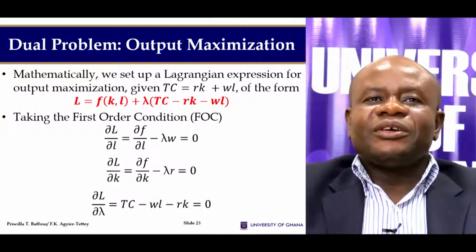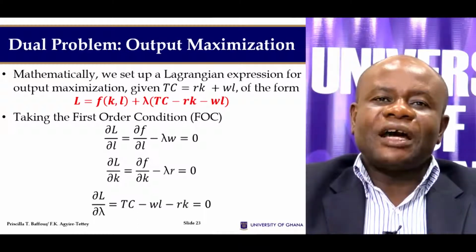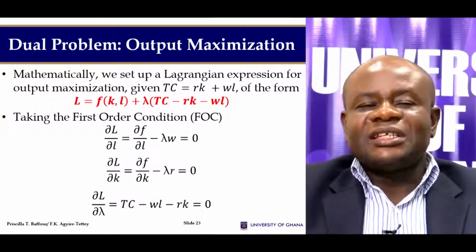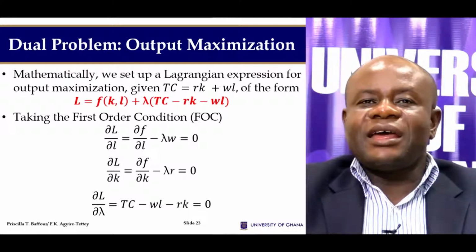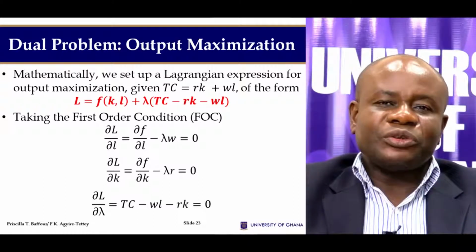And for the second, we take the first order condition of the Lagrangian with respect to capital, and that gives us F_K minus lambda R, which is also equal to 0.